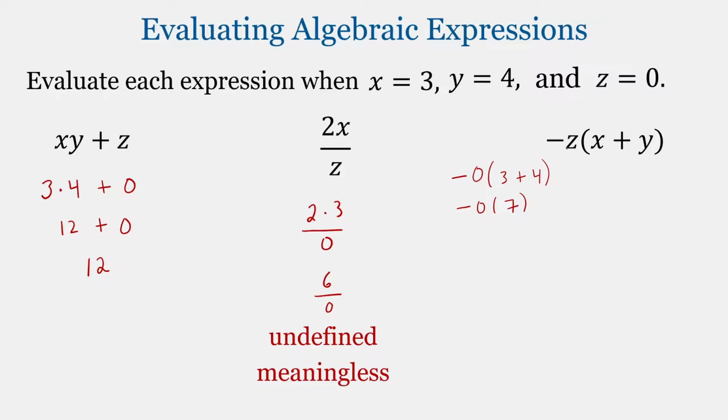Let's look at this problem in a different way. So here we have negative z times the quantity x plus y. We could rewrite this as negative 1 times z times the quantity x plus y. And when we evaluate for those values for the variables, we'll have negative 1 times 0 for z times x plus y. That's 3 plus 4.